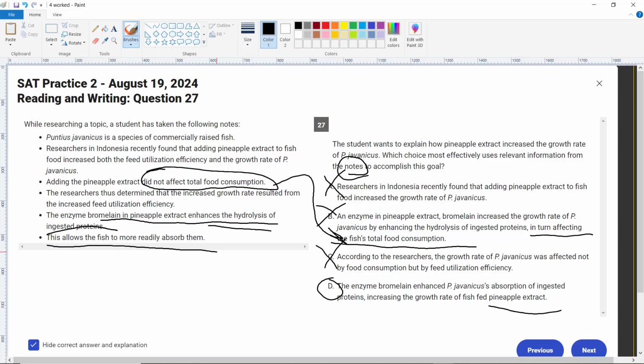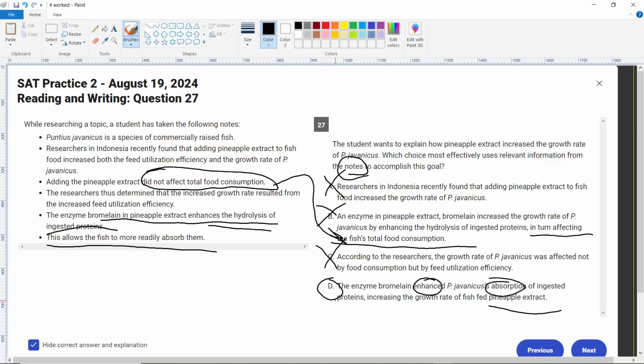And it says enhanced absorption of the proteins. So I verified just now that D is in fact accurate to the notes. I'd already eliminated B, the only other one that mentioned what the student wanted to accomplish, because it had something opposite of what's in the notes. So there the answer is D.